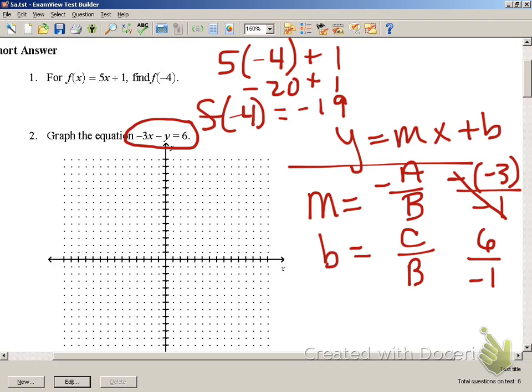So that means at negative 6, what is it? 1, 2, 3, 4, 5, 6. At negative 6, it's where it crosses the y-axis. I'm going to have a slope of negative 3. So that means I'm going to go down 3 and over 1.